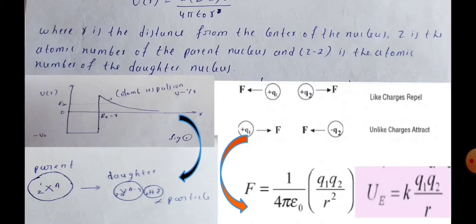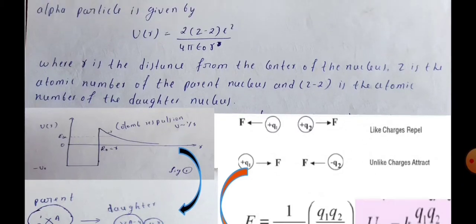If we apply this concept to these nuclei, we get U of r equals 2 times (Z minus 2) times e squared divided by 4 pi epsilon naught times r, where r is the distance between the two nuclei, the daughter nucleus and the alpha particle.